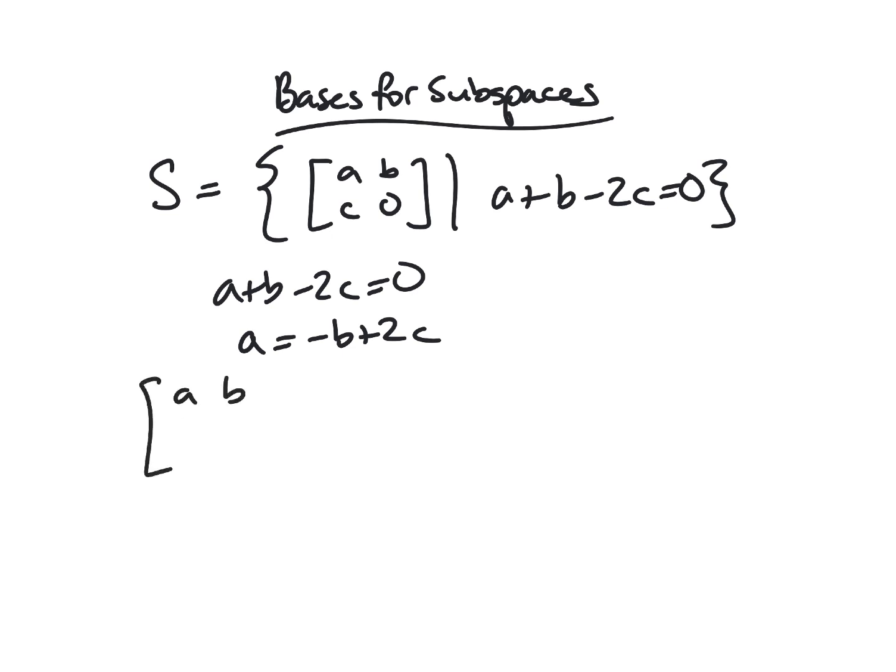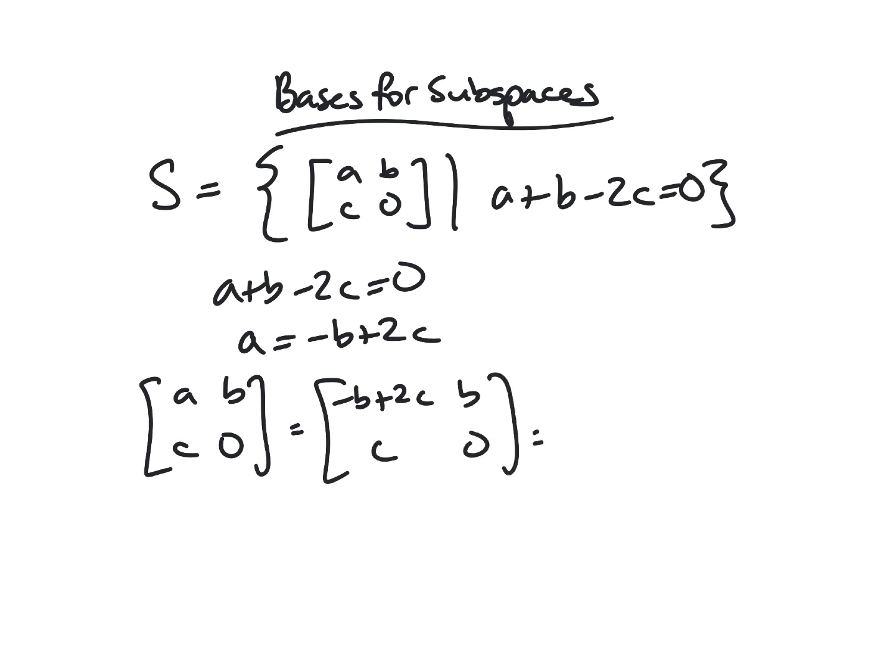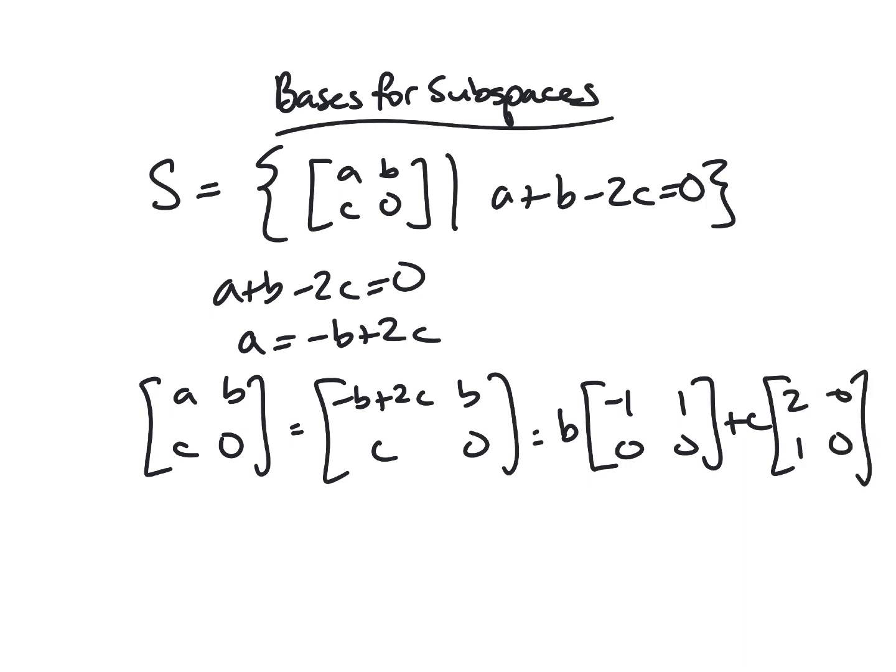If I see (a, b; c, 0), and I substitute that in, I have (negative b plus 2c, b; c, 0). And I can get this in terms of just b times (negative 1, 1; 0, 0) and c times (2, 0; 1, 0). And so I know that this space is spanned by these 2 matrices.